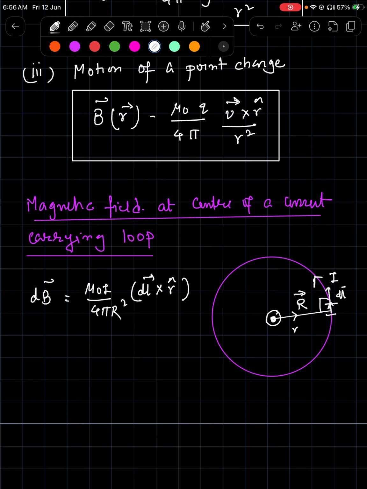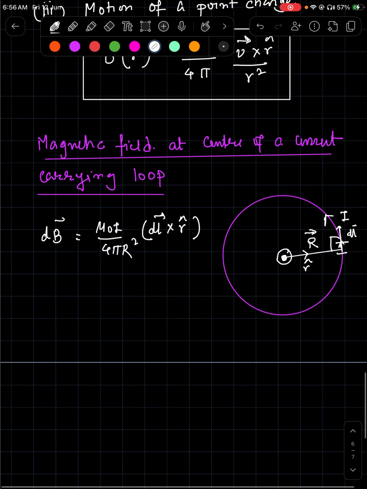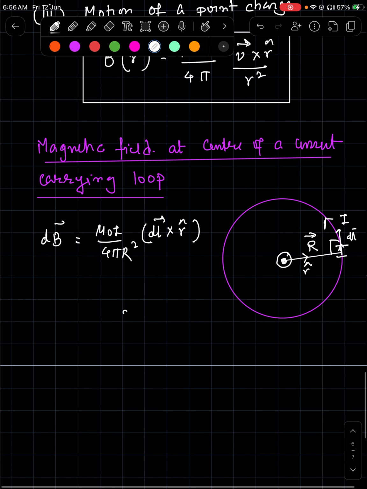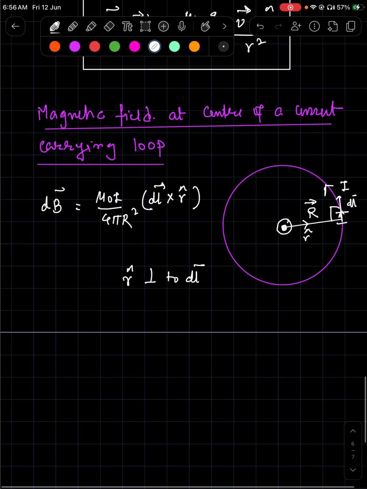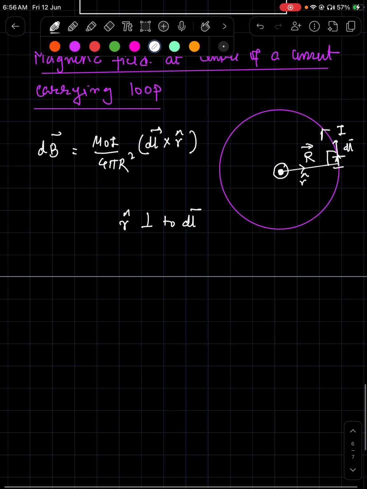r cap is in this direction, and from this picture it is easily visible that r cap is perpendicular to dl. Since we have already decided the direction of the magnetic field, we are not bothering about the cross product or the vector property of the Biot-Savart law right now. We are taking only the magnitude here.